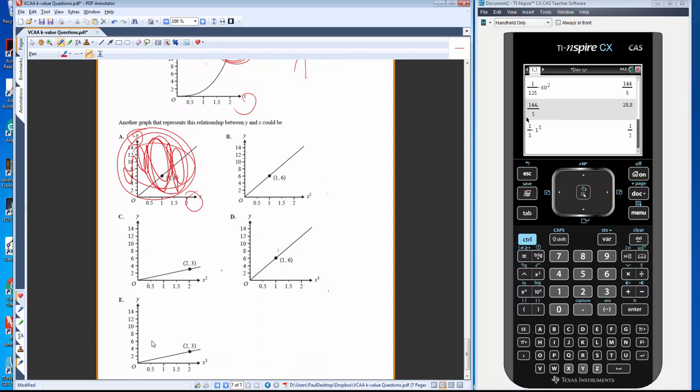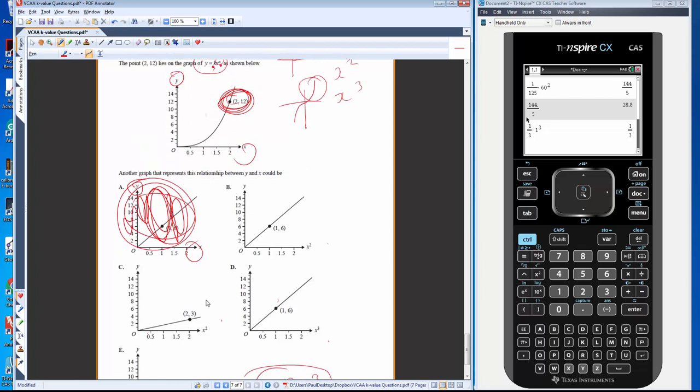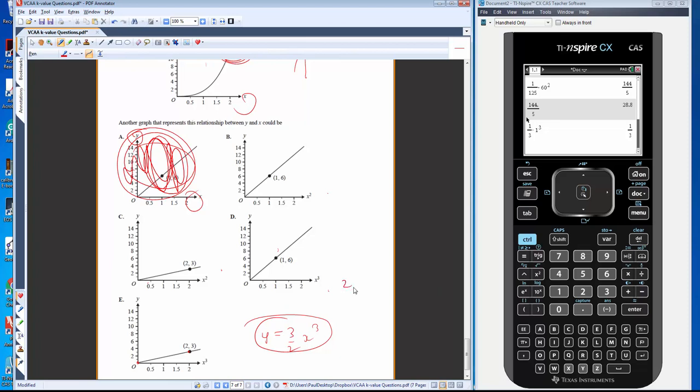Okay, so I know that when I find the equation of this, which is what I'll do, okay, it goes through the origin, so y equals a rise of 3, okay, or a change in y values of 3, change in x values of 2, so it's 3 on 2 x cubed. Okay, so that equation there, let's use (2, 12) as a test point.